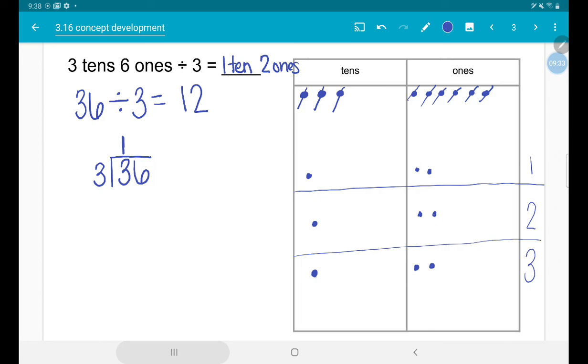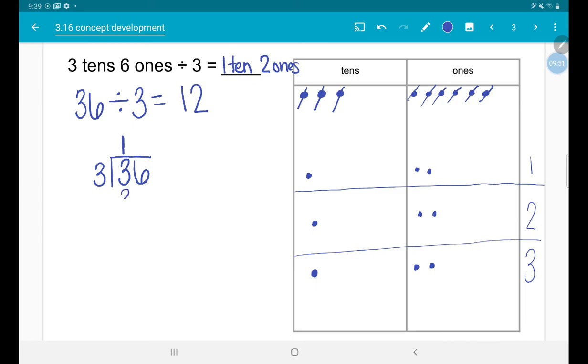Now I'm going to show how many of those 10s I used. 1 times 3 equals 3.